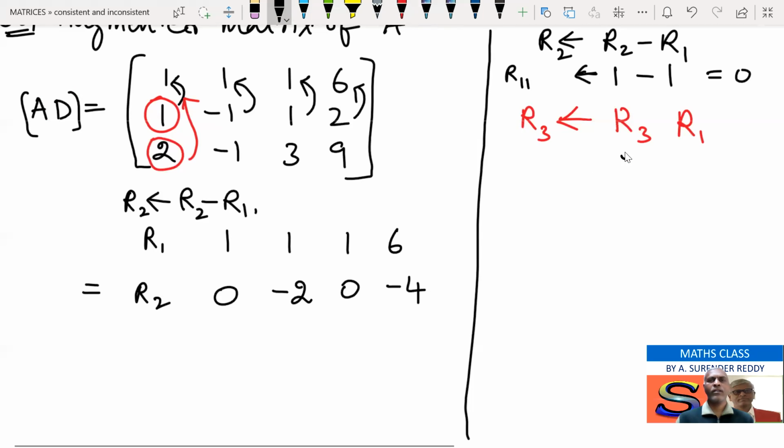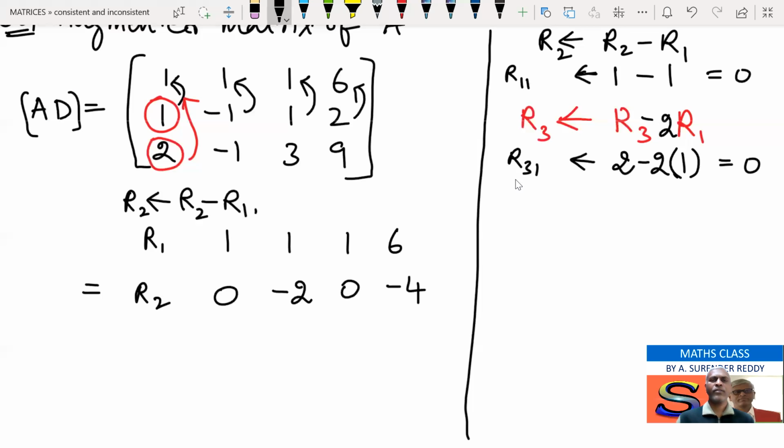R3 is 2, R1 is 1. First make them equal by multiplying by 2, that is 2 into R1, and subtract, you will get 2 minus 2, 0. So this is R3'. So what is the formula? R3 is changing as R3 minus 2 R1.